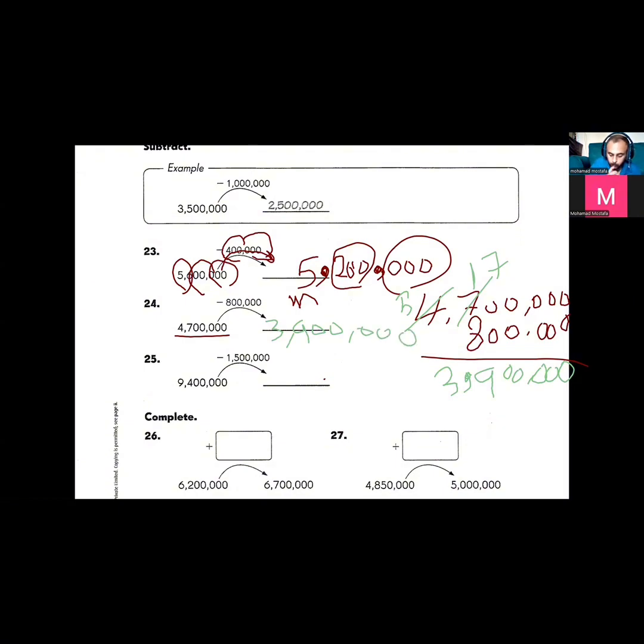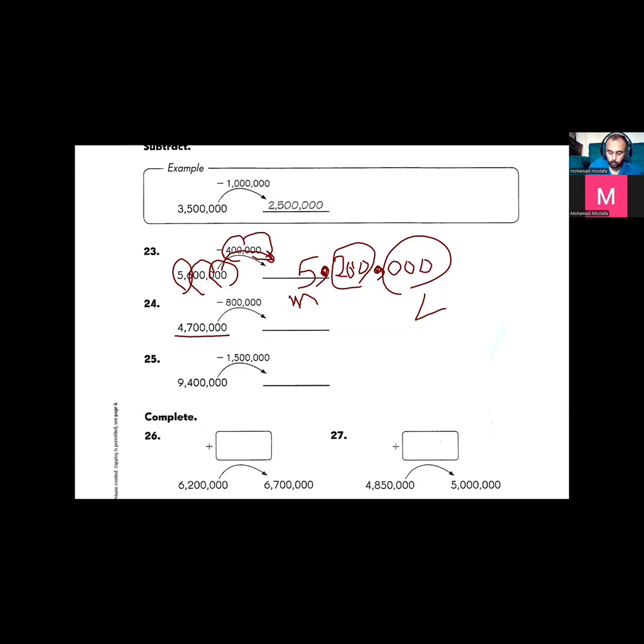Here, 9 millions minus 1,500,000. We must regroup it because we have borrowing here. Write the greatest number up and the smallest number down.